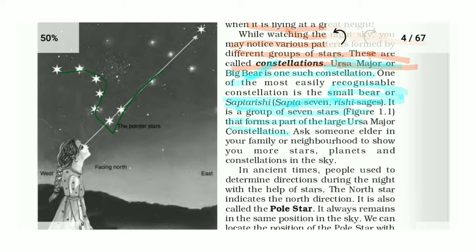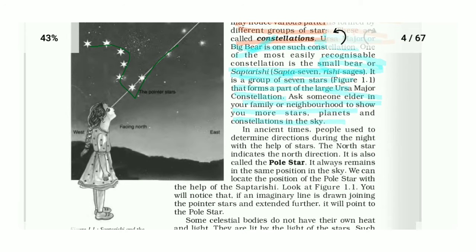Ask someone elder in your family or neighborhood to show you some stars, planets and constellations in the sky, because this book is for class 6, so it is written like we have written it for a kid, to make them understand we have used such terms, but you can watch it on your own.